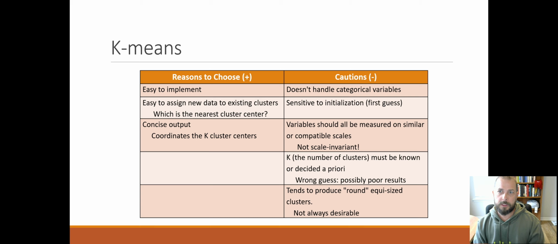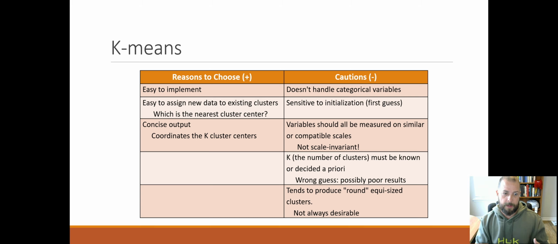Some of the downsides of k-means: it doesn't handle categorical variables very well. We're using Euclidean distance and minimizing an optimization function for this model, so if we give it categorical data, it's just not going to know how to handle that. Another bad thing is that the initial centroids are very sensitive to initialization.